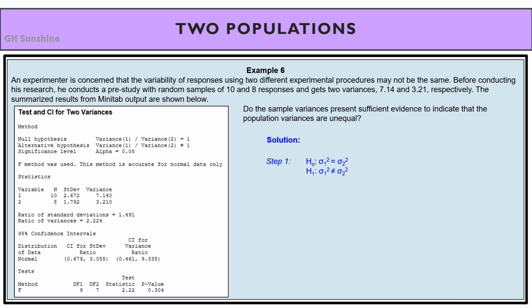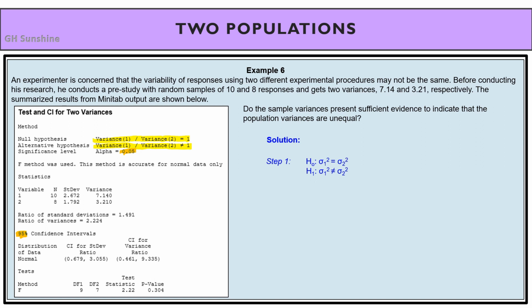Null hypothesis: sigma 1 squared equals sigma 2 squared. And then H1: sigma 1 squared does not equal sigma 2 squared, when alpha equals 0.05. So 0.05 is right there, that's why here is the 95% confidence interval.